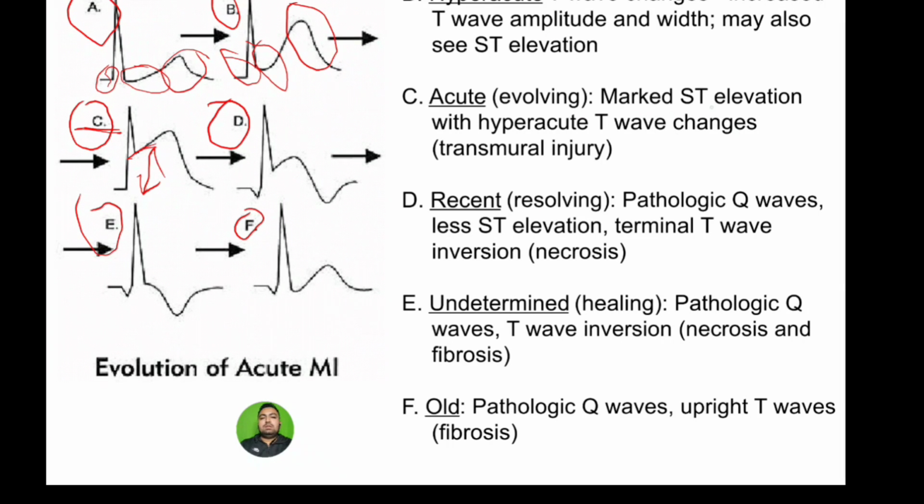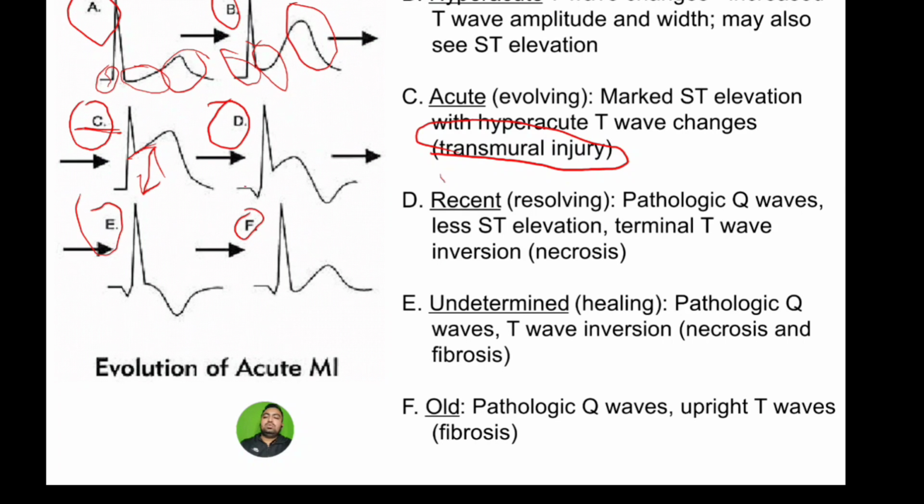So this evolving MI is marked ST segment elevation with hyperacute T wave changes. It is because almost all the time it is because of transmural injury. So this is recent or resolving MI. How can we say that it is resolving?